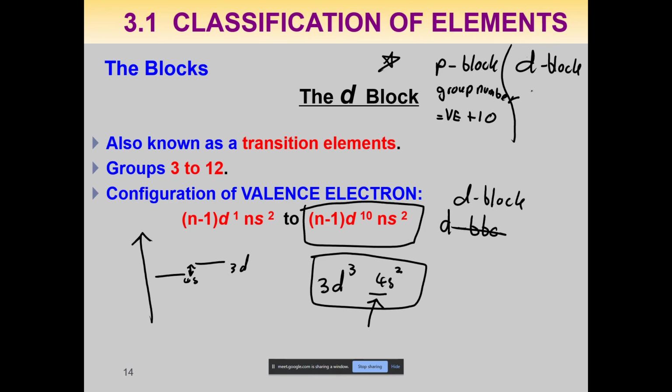Kalau untuk D block, yang special thing is dia punya valence electron. Valence electron is dia akan akhir dengan D kan? Also ambil the s orbital yang lebih satu tu. So contohlah kalau dia habis dekat 3D, ambil dekat 4s.